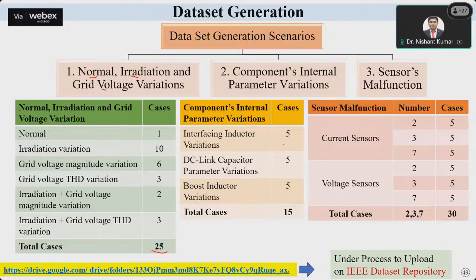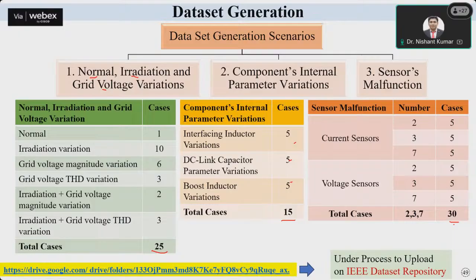We recorded inductor, capacitor, both sides inductor. We changed those and developed 15 cases and recorded the data. Another is sensor malfunctioning. Here two current sensors are malfunctioning, three current sensors, seven current sensors, or the voltage side, and voltage and current together also. Like that, a total of 30 cases we have checked.